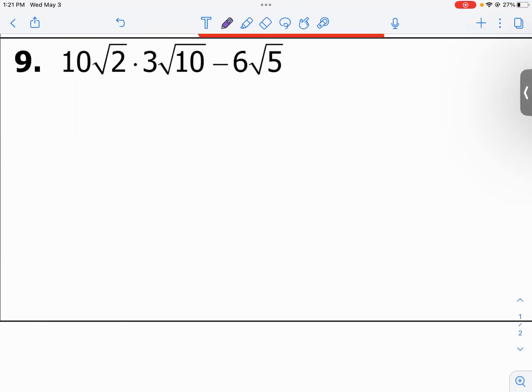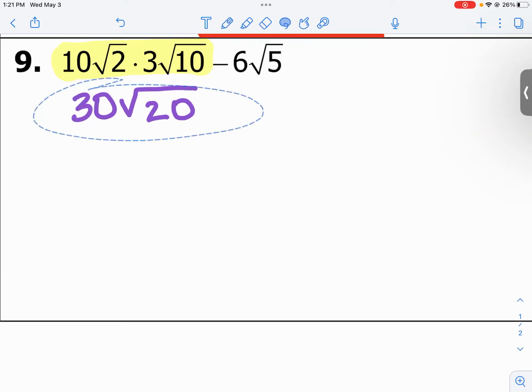Okay. So let's focus on our multiplication first. We have 10 times 3 radical 2 times 10. 30 radical 20. Simplified, yes or no? It's not simplified.